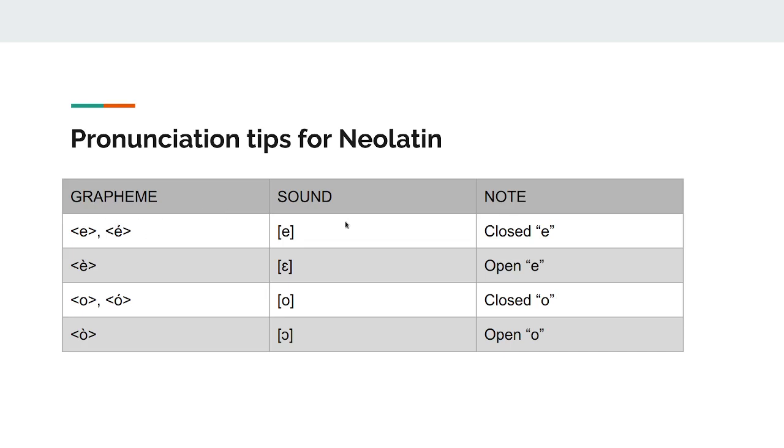So a closed E and a closed O. And again, different sounds. And then also in Neolatin, when you have the grave accent mark for the E and the O, those are going to be an open E and an open O.